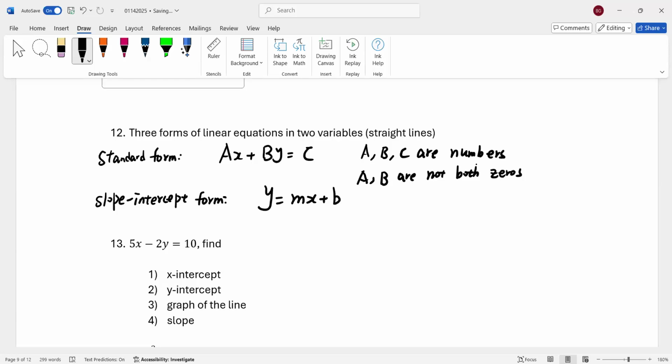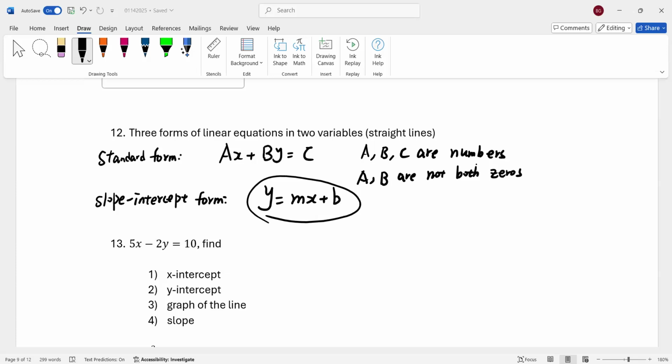When we present a function, we write the dependent variable by itself on the left side. So the slope-intercept form of a straight line directly gives us the linear function corresponding to the straight line.